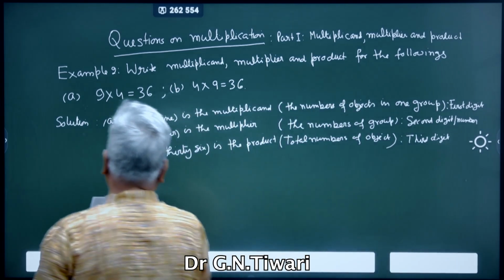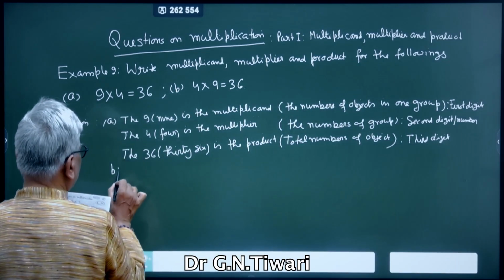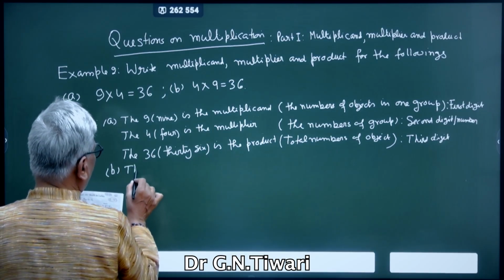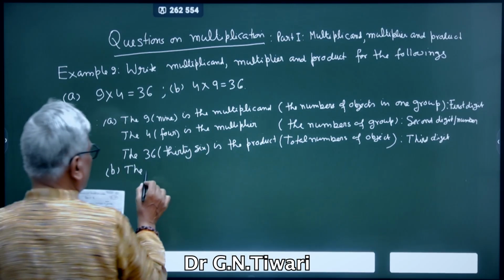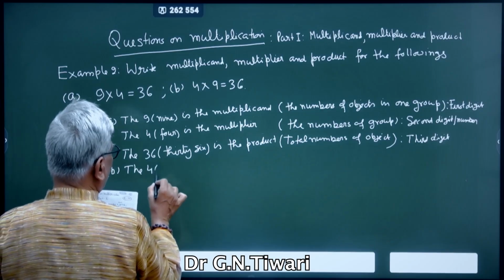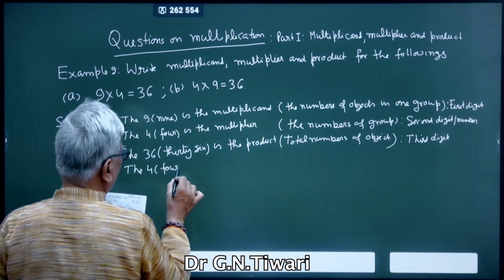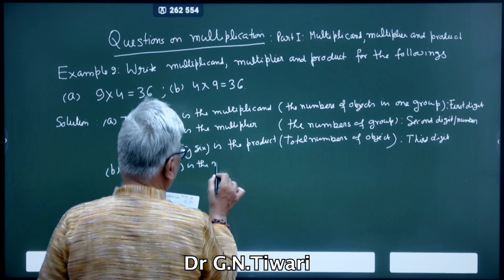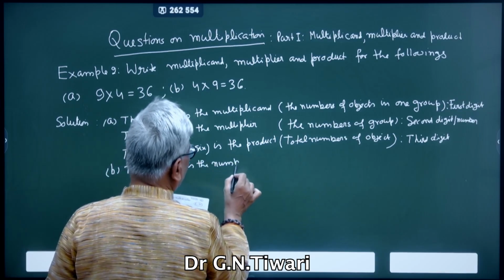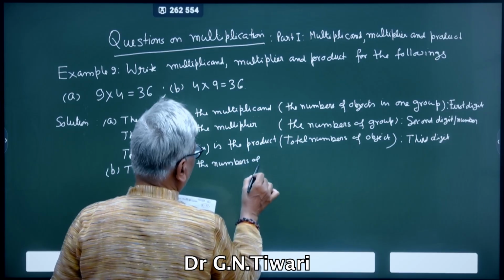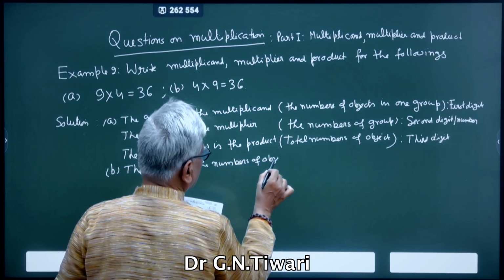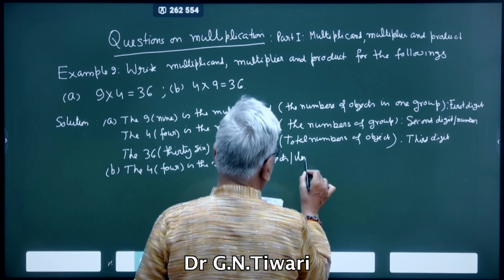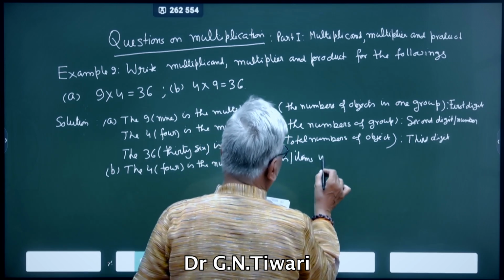Now B. Same thing. The 4, here it is interchanged. 4 is the number of objects or items in one group.